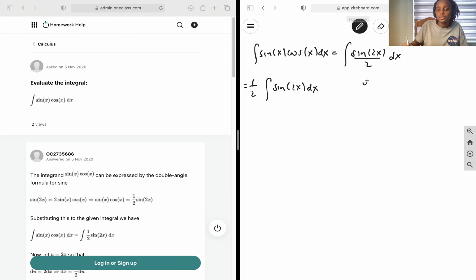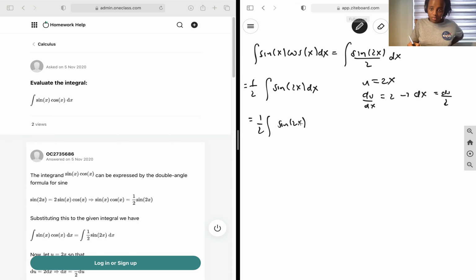And so if we set u is equal to 2x, then du over dx is of course equal to 2, which means dx is equal to du over 2. Let's plug everything back into our equation. So 1 over 2 sine 2x du over 2. We're just going to pull out this 1 over 2 again to there. So 1 over 4, the integral of sine u du.